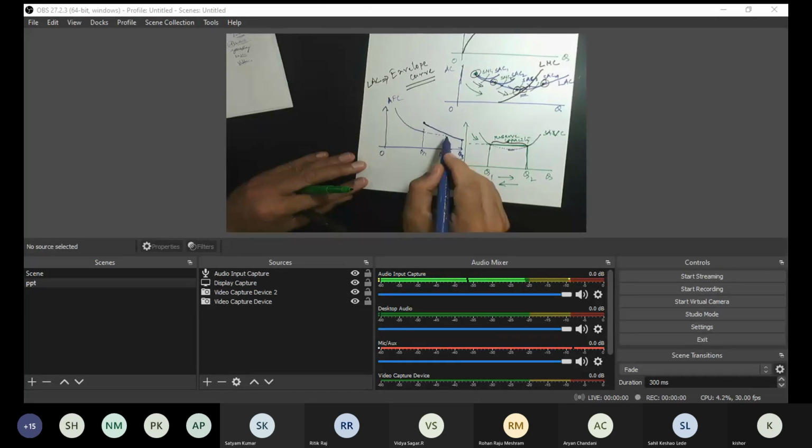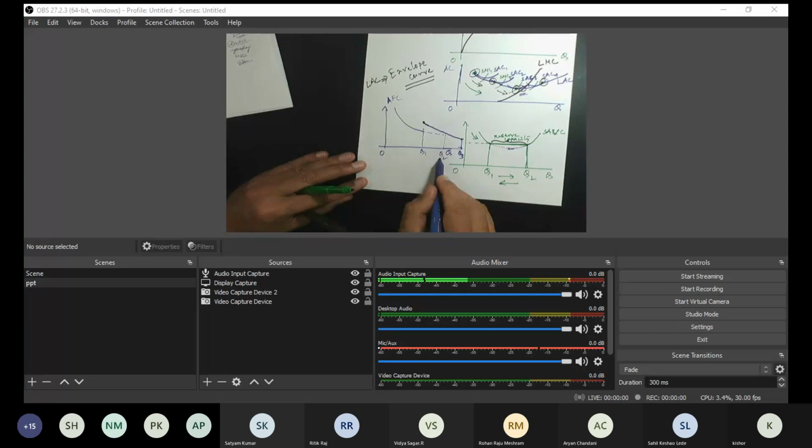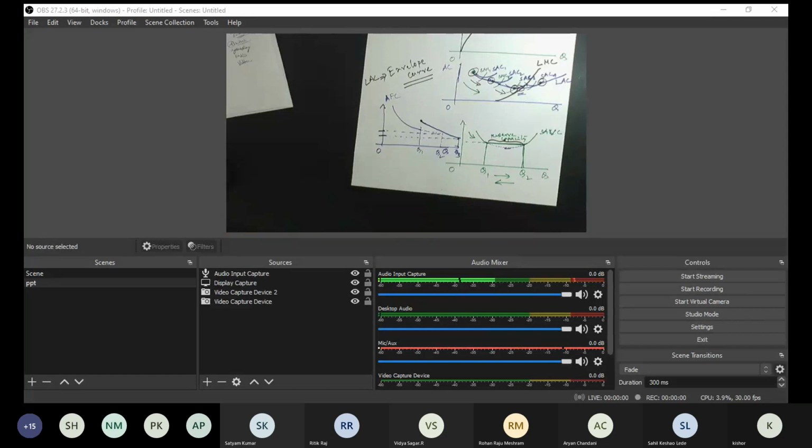Earlier it would have been a maximum of 10 years, and possible to produce only Q2, that too at this level. But now, as I renovated it, I can produce up to Q3 level of output with that same machine. And average fixed cost or average cost of production is also coming down to this level, not here. So those kinds of techniques are usually followed in the modern cost concept.